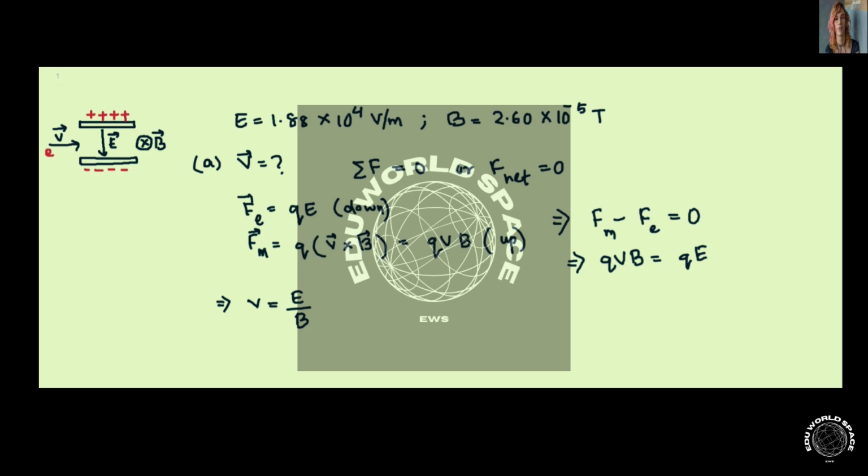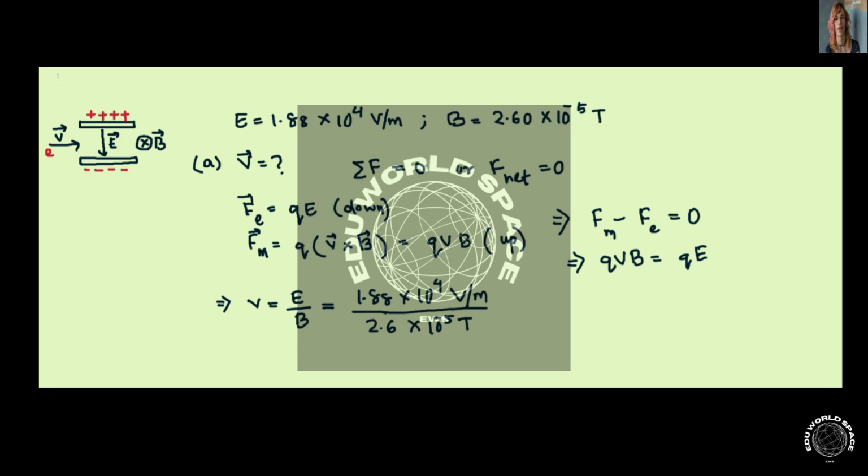So when we do that, we get our electric field is 1.88 times 10 to the power 4 volts over meter, and our magnetic field is 2.6 times 10 to the power minus 5 Tesla.